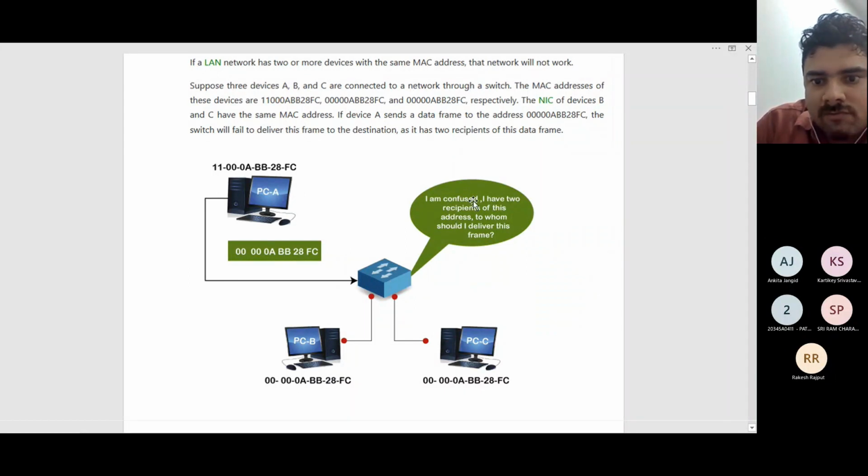What does it say? I am confused. I have two recipients of this address. To whom should I deliver this frame? Because of the same MAC address, it can't forward any frame. It is confused.